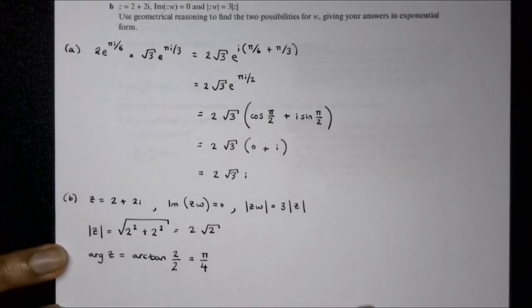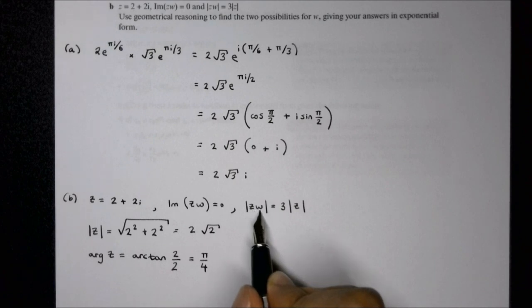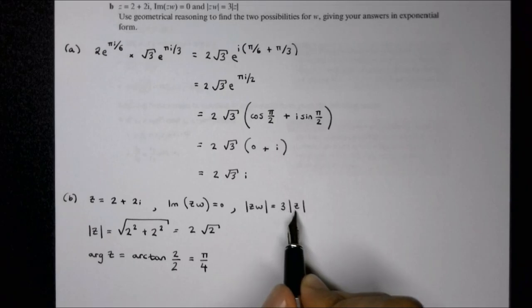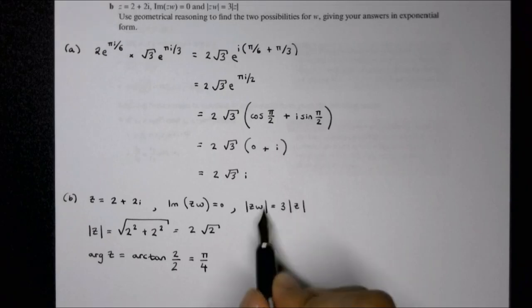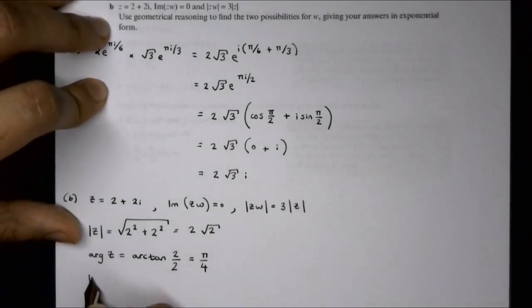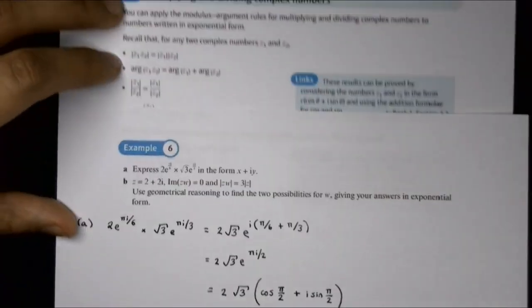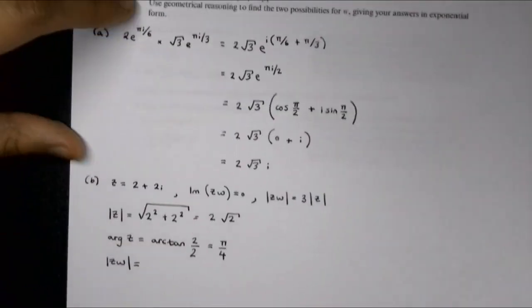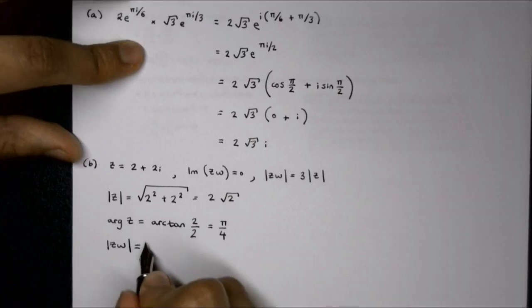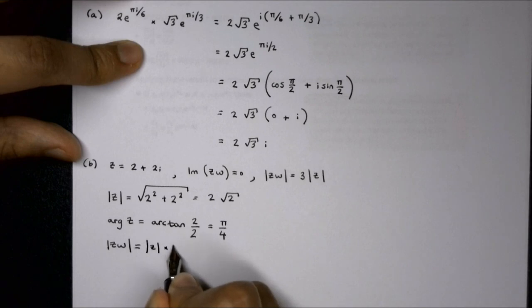What we also know is that the modulus of z times w is equal to 3 lots of the modulus of z. So if we use this result, the modulus of zw is equal to the modulus of z times the modulus of w.